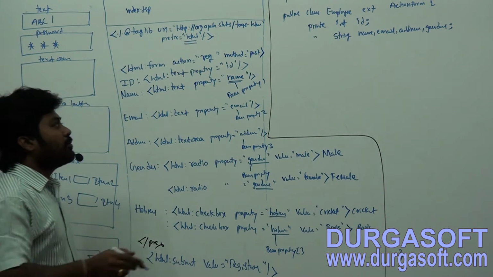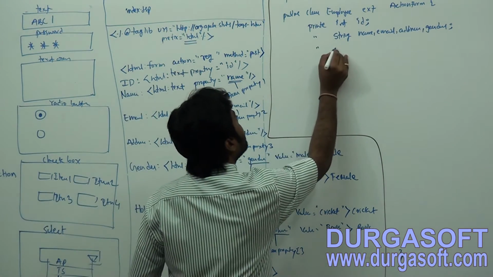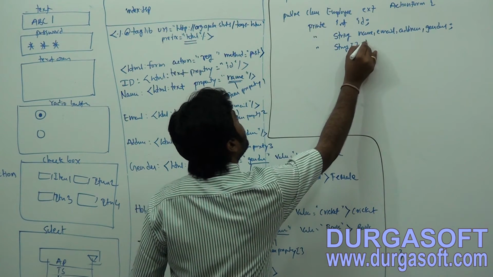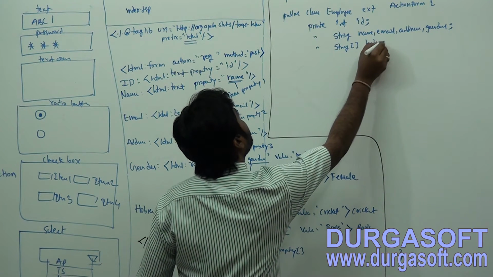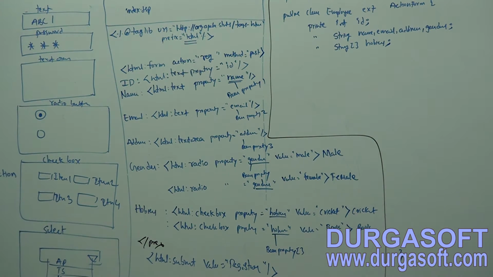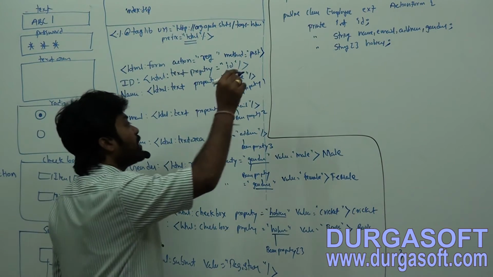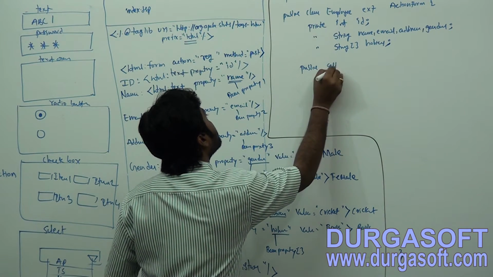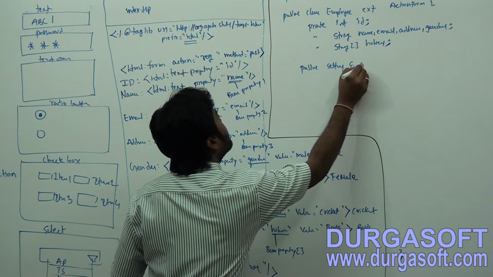It's an array type. So you have to create one more reference, String array of hobbies. Now all around we have 4 plus 2, 6 properties here. For these 6 properties, you need to generate public setter and getter methods.